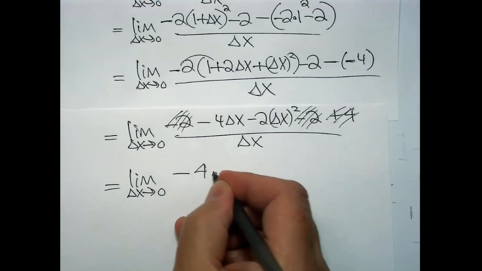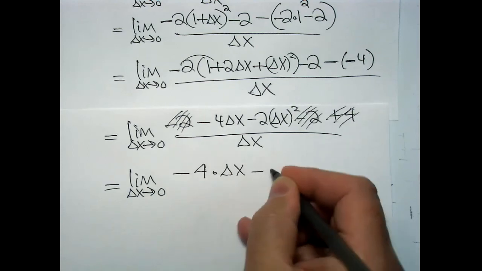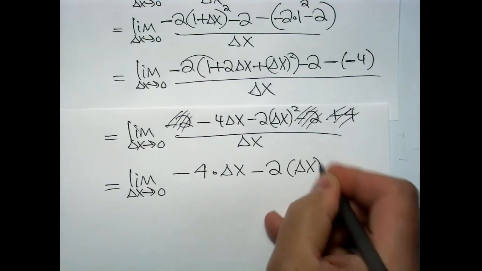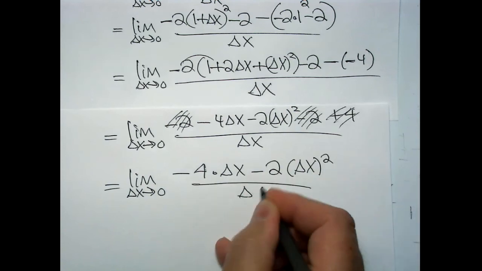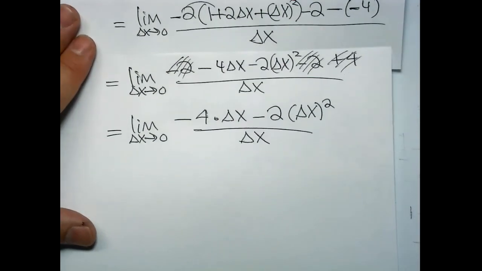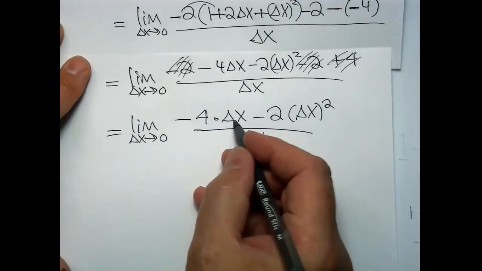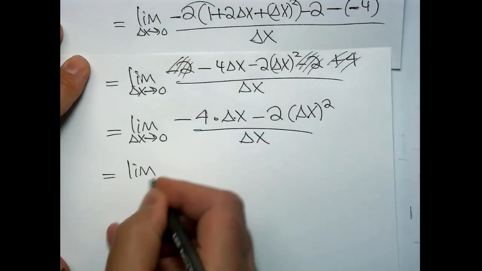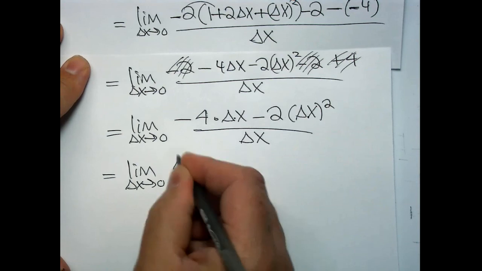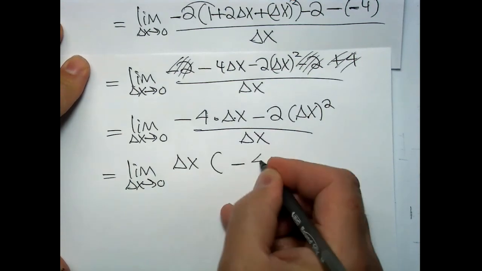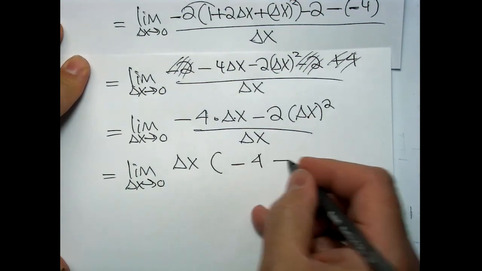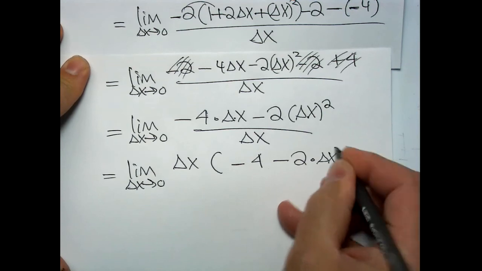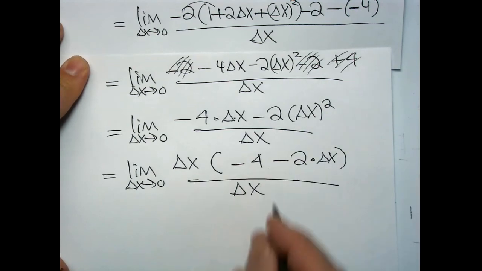Minus 4 delta x minus 2 delta x squared all over delta x. So the last step is typically to factor out the common delta x. After all, that is the offending factor, leaving me with minus 4 minus 2 delta x's all over delta x.